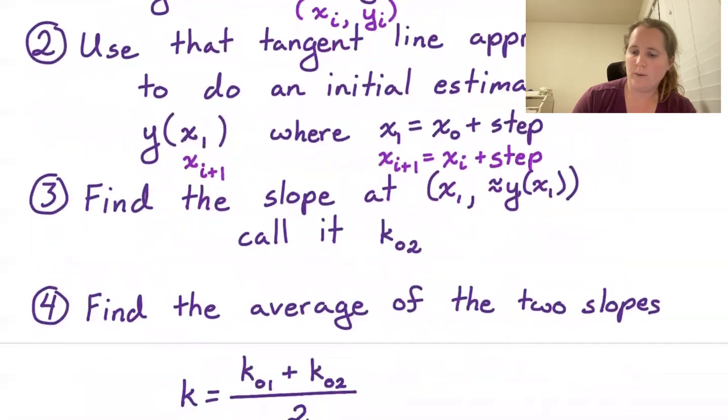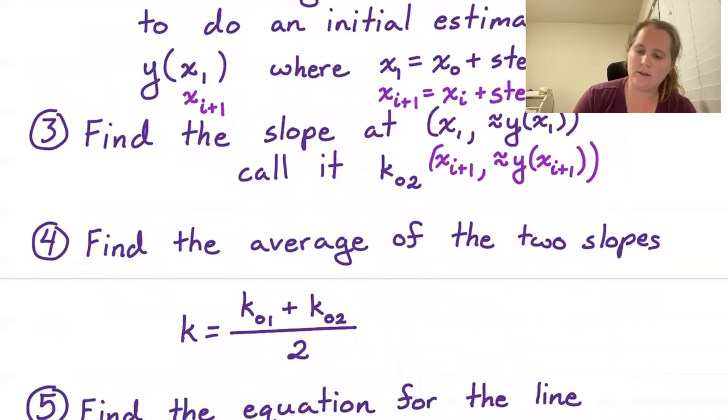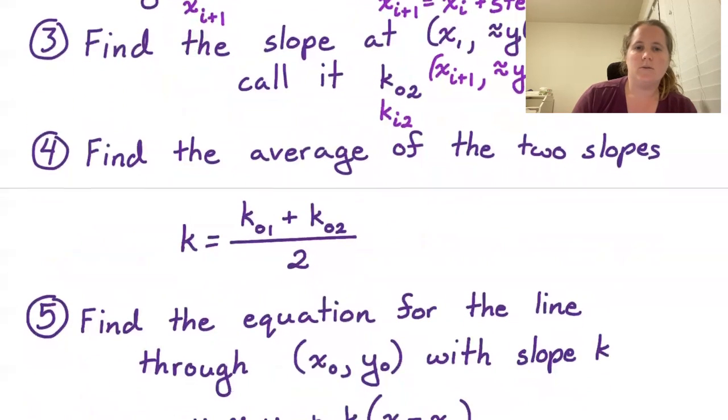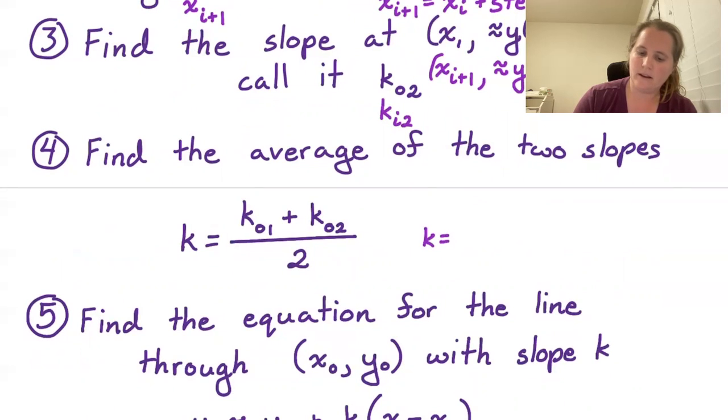We'll find the slope at xi plus 1, comma, our initial approximation for y of xi plus 1. And this slope is called ki2. We'll find the average of the two slopes. So ki is ki1 plus ki2 over 2.